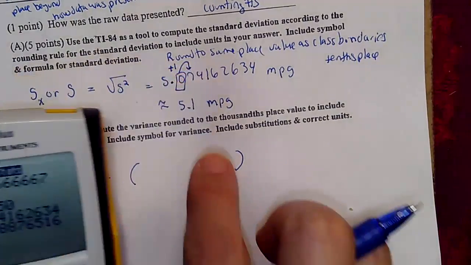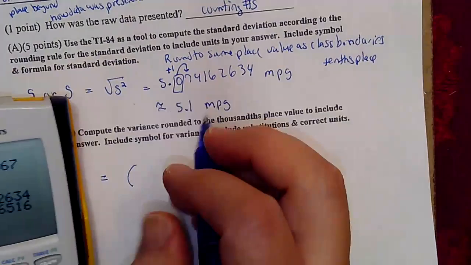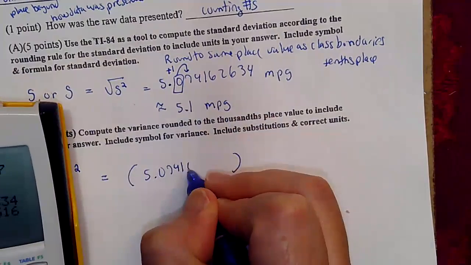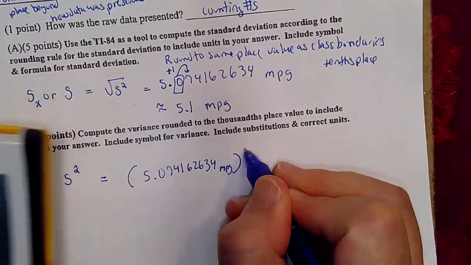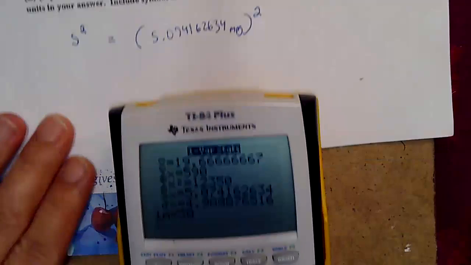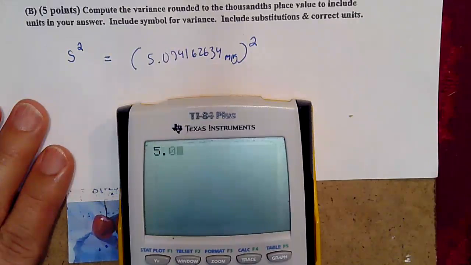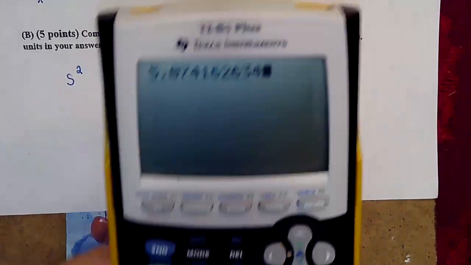So remember, you're going to take all of this and square that. So don't take the rounded-off version, because then you're going to have round-off error. So take all of this, 5.074162634, miles per gallon, and then square that. And then you will have to type that in, and then hit this little x squared.